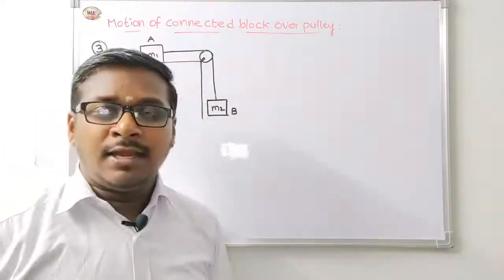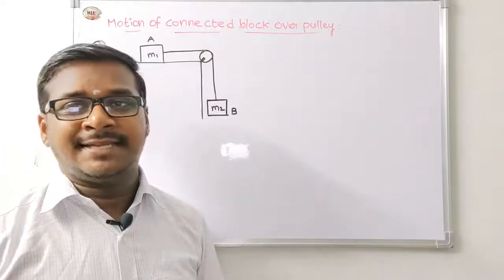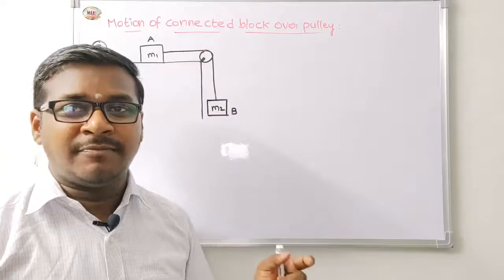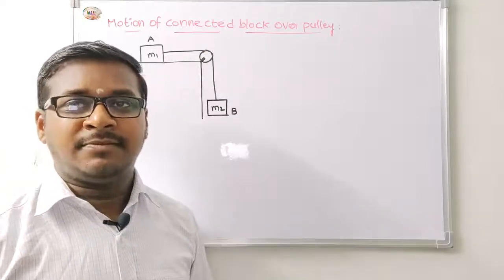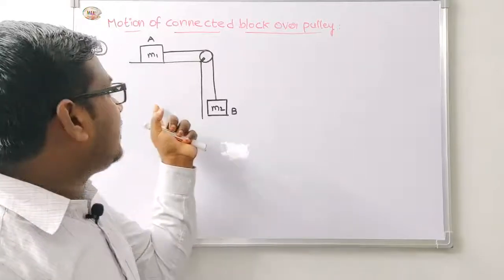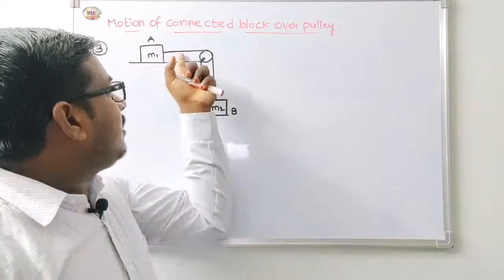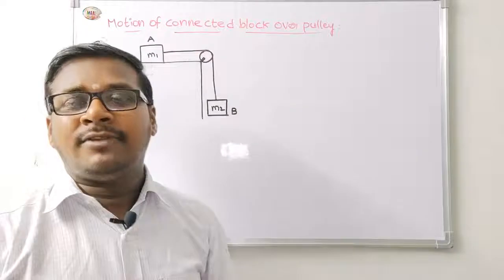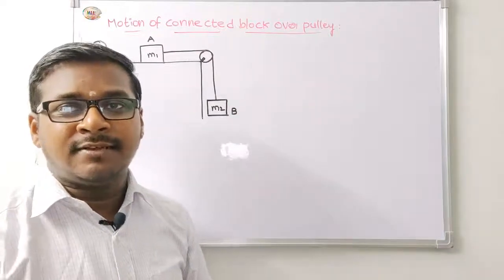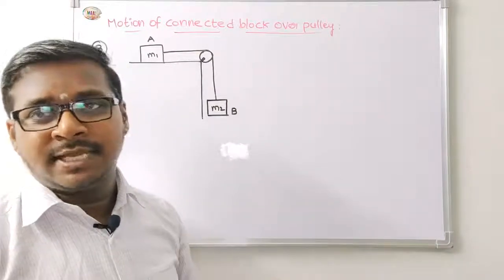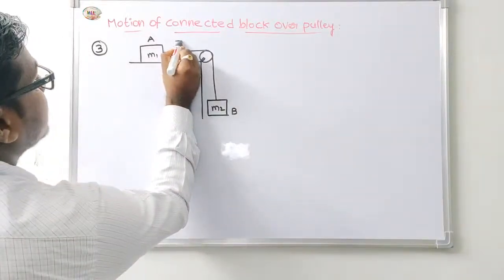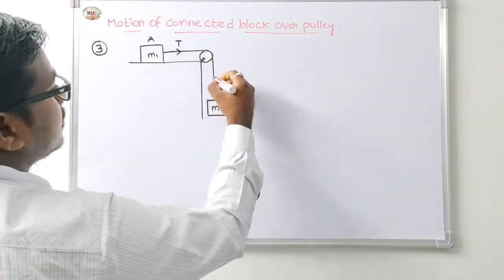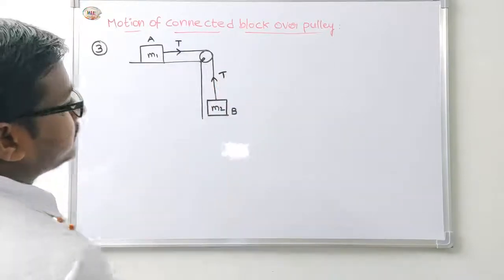The pulley and string are massless. There is no friction between pulley and string. At any instant the tensional force in the string is the same, that is T. This side the tensional force is T as well.